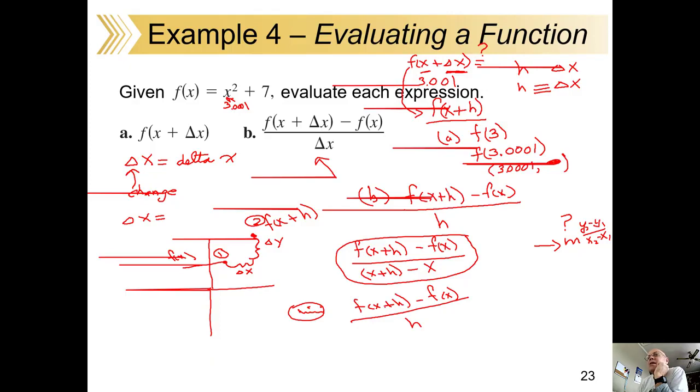These are the results of giving x plus h to the function f. This is the result of giving x to the function f. We don't know what those values are yet, so we have to leave it like this, but we can subtract on the bottom and we just have h. So you might want to use this anytime you see that. I like it so much that you're probably going to see me use the h almost all the time instead of delta x.